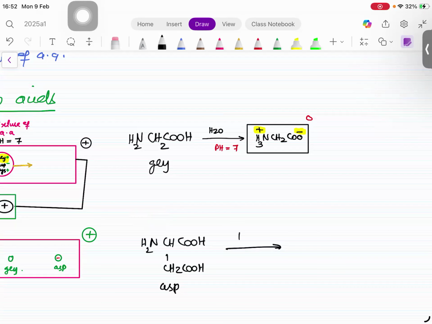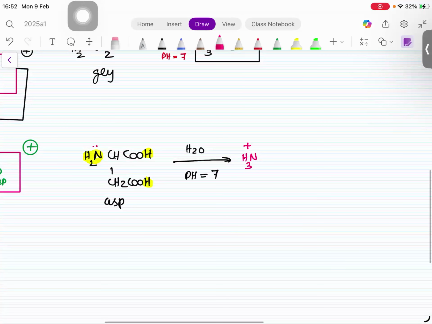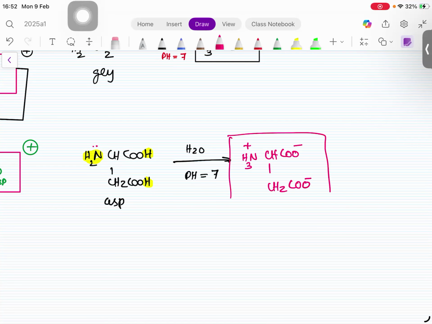When I put it in water at pH 7, let's say, it ionizes to give this H positive, and this nitrogen is going to gain hydrogen. So at pH 7, which is not its isoelectric point, it is going to be NH3 positive, CHCOO negative, CH2COO negative. So Aries, what will be the overall charge at this point?